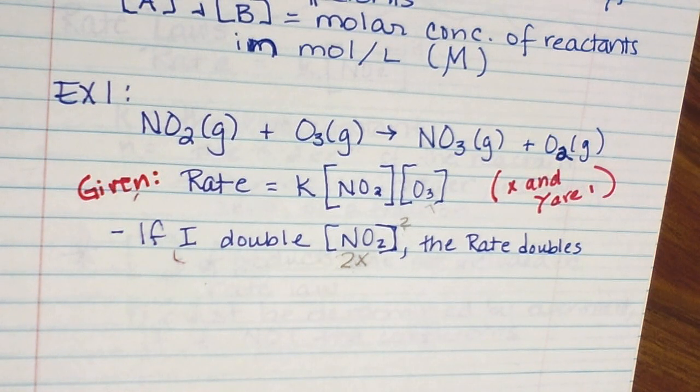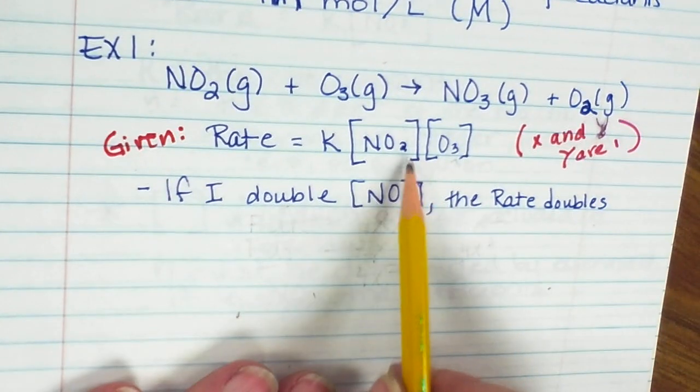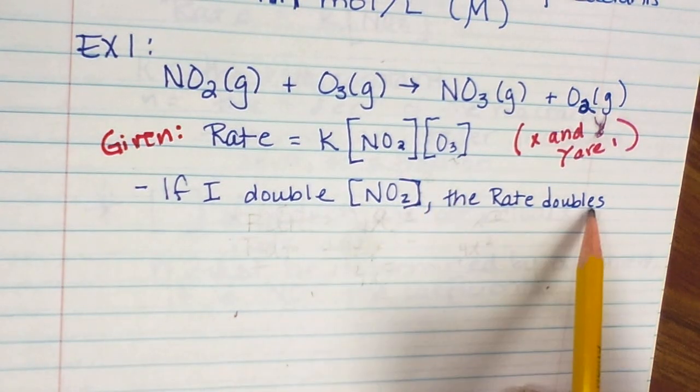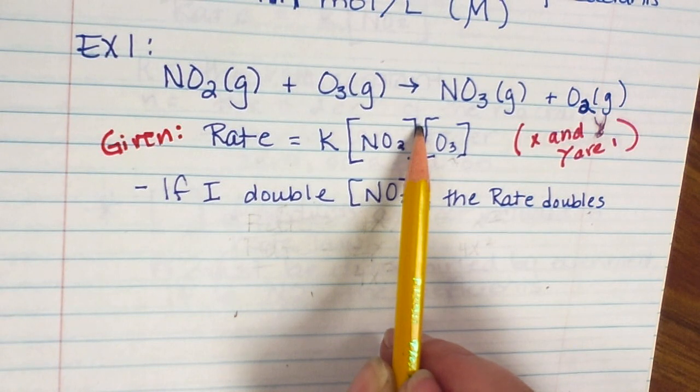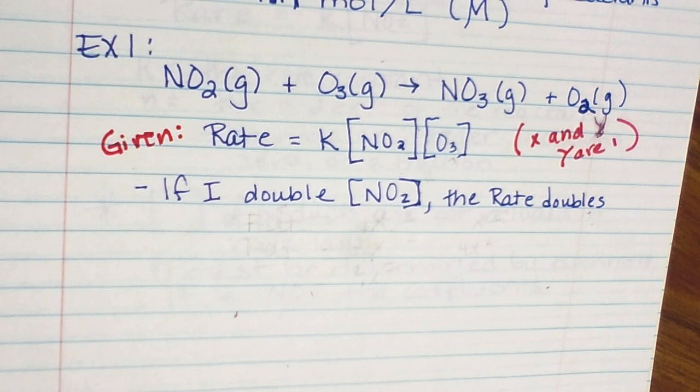So if I double the concentration and the rate doubles, then my exponent is 1. That's what that says. Because if the rate does the same as what I do to the concentration, then the exponent is 1.